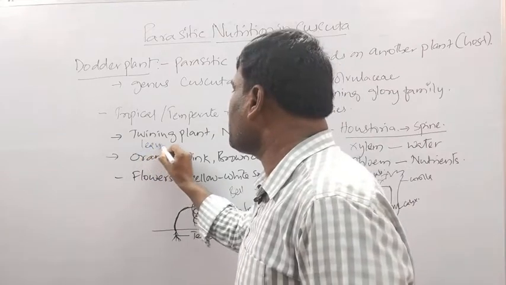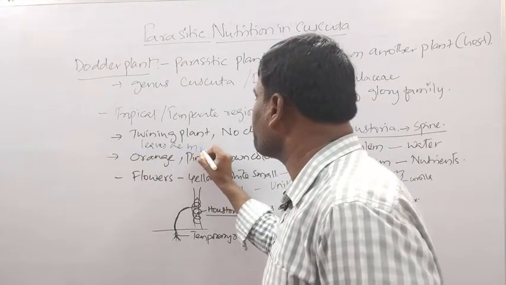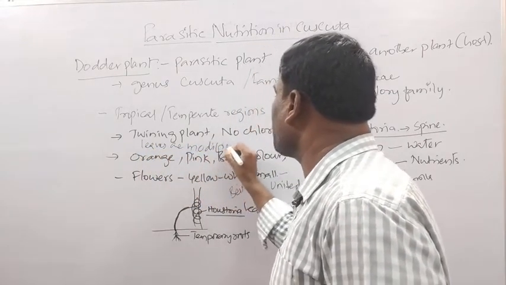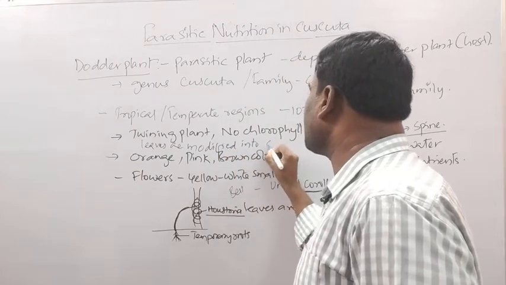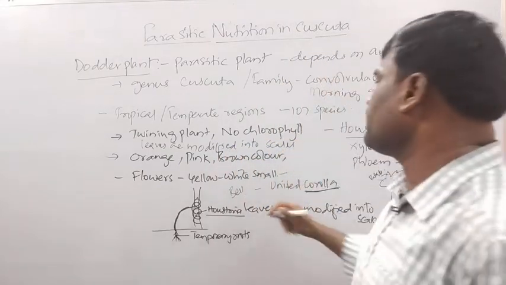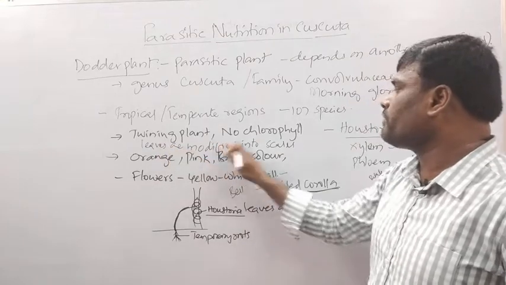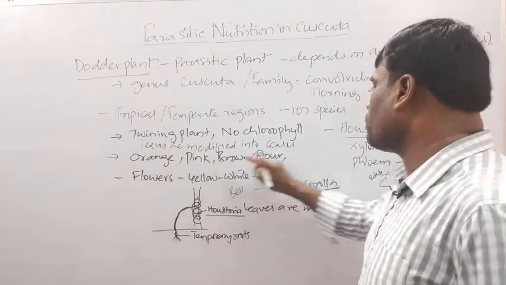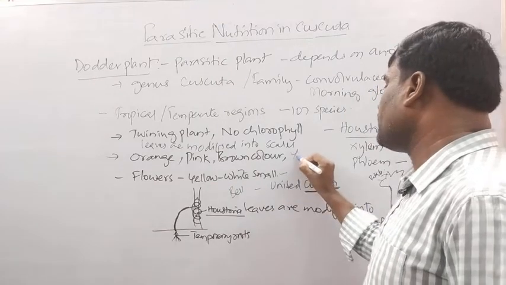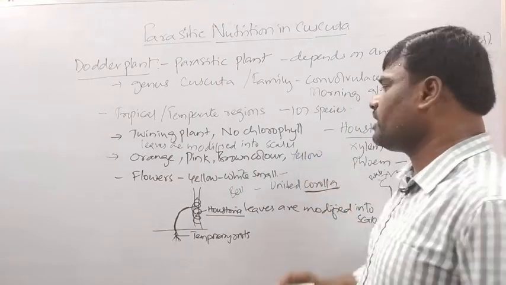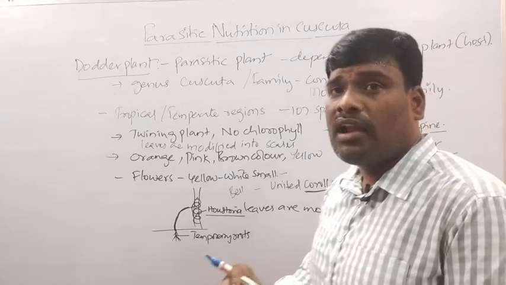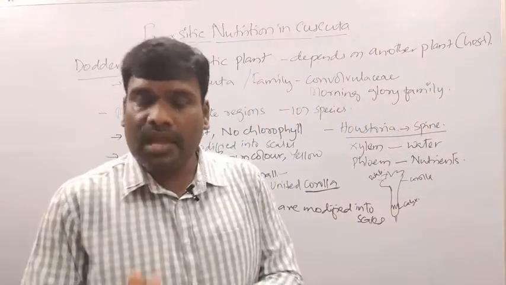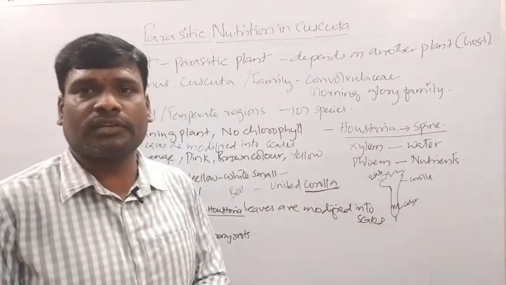Leaves are modified into scales, children. I have already written here, but again, leaves are modified into scales, and the stem is orange, pink and brown in color, and some are yellow also. Flowers are very small, and they are bell-like structures.